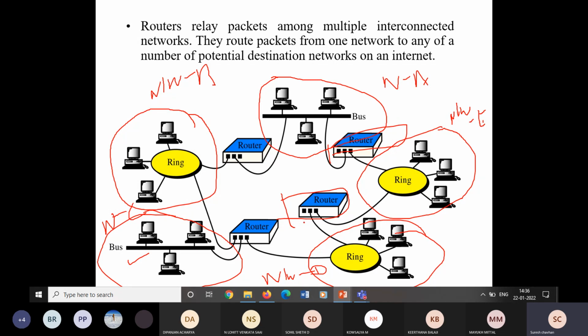So how do we identify the network? Here one more address will be there, that we call IP addressing, internet protocol addressing, which is of 32 bits, right?